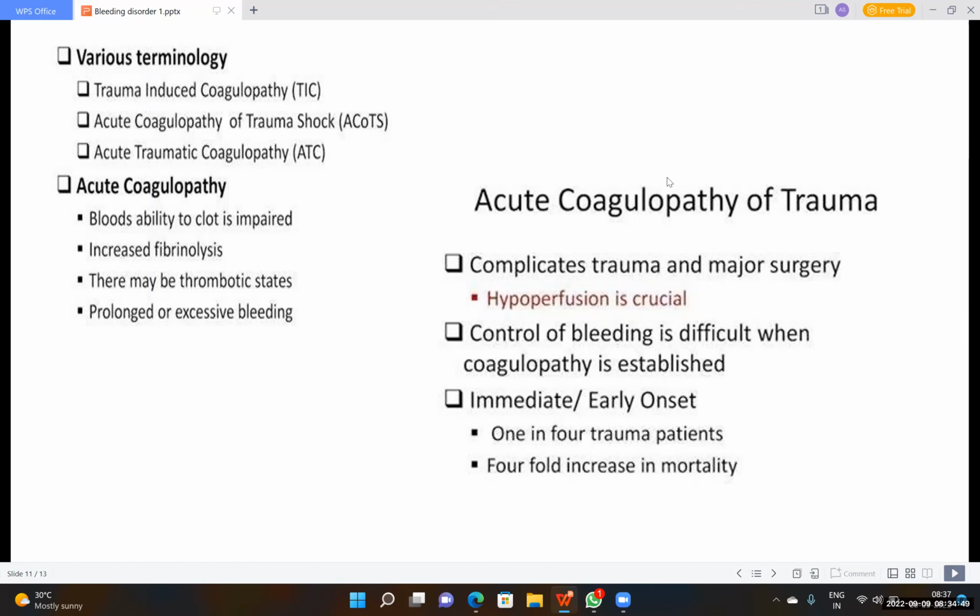The acute coagulopathy can complicate the surgery, and control of bleeding is difficult in such situations. If there is coagulopathy, it can be immediate on onset. It can be found in 1 out of 4 trauma patients.